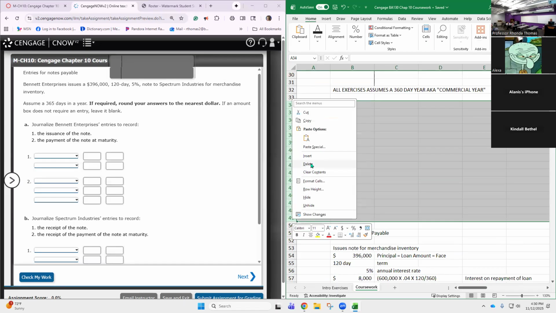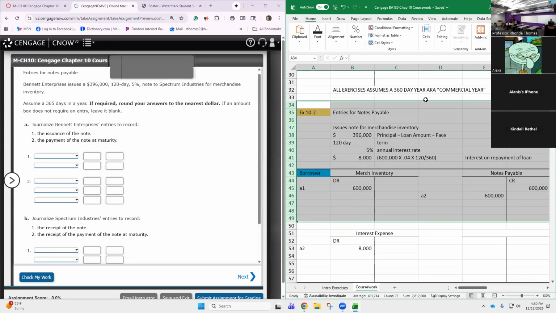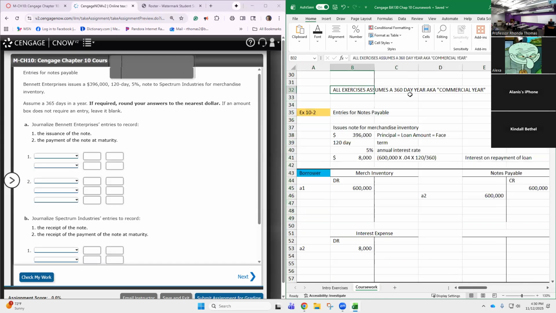Believe it or not, just not that long ago, we were using a 360-day year because you can divide a little easier with 360. So they've changed to 365, even though it makes it a little harder to calculate sometimes. So that's all exercises. Assume a 365-day year.